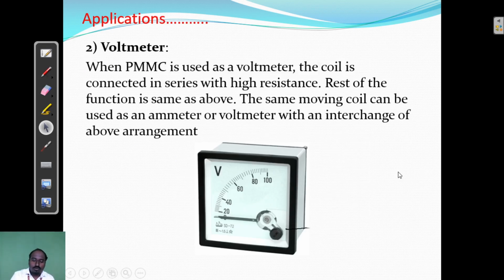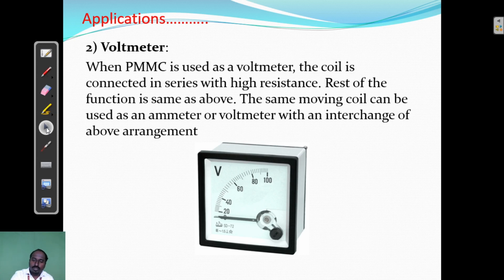Next, as we all know, to use a permanent magnet moving coil instrument as a voltmeter, we need to connect a high resistance coil in series with the permanent magnet coil. The rest of the function is the same as a permanent magnet moving coil type ammeter. So, yes, the same moving coil can be used as an ammeter or voltmeter only by an interchange of the above arrangement.